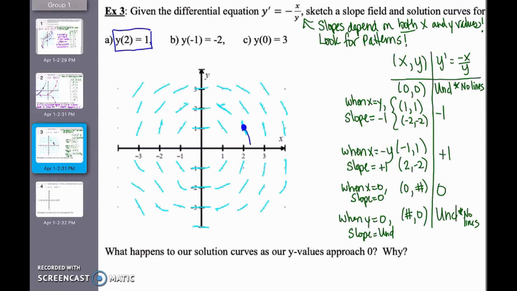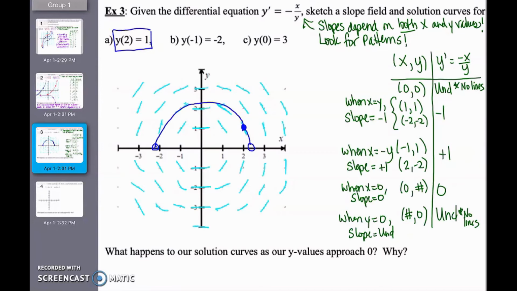But the x-axis is undefined. So when I get to that point, I stop and I draw an open circle. And then I continue following my slope field here. And again, I have to stop when I get to that x-axis and draw an open circle. I apologize, that looks a little lopsided there.